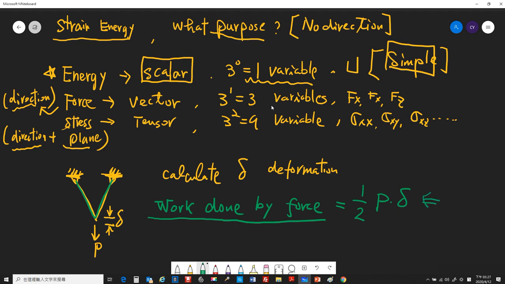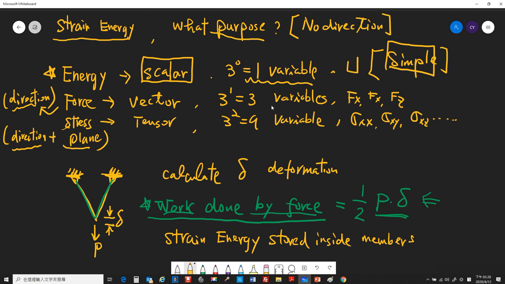So it's very easy because there is no direction. You can easily calculate the work done by force. And also the strain energy stored inside members, it's a U, and we can also calculate it. It's very easy to calculate.